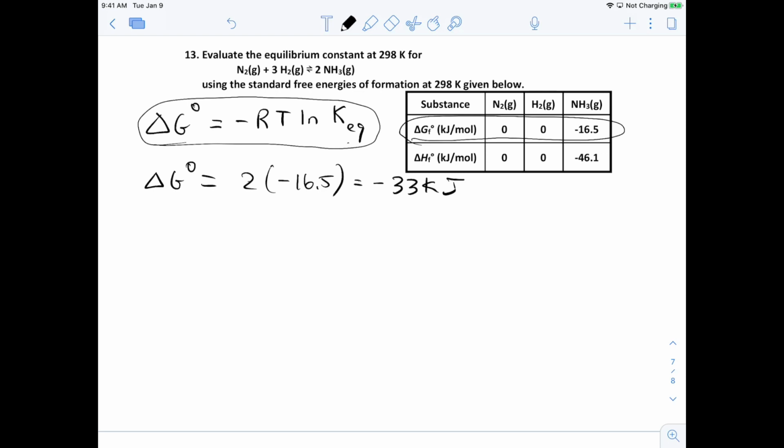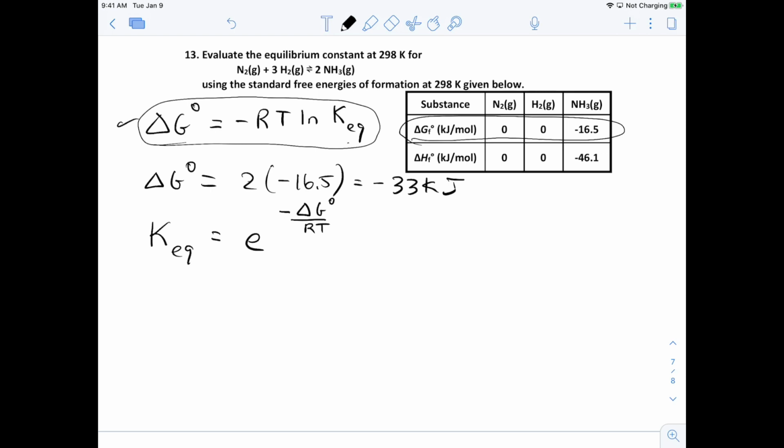We divide both sides by negative RT, and then we take e to both sides. We've done this kind of stuff before. We end up with K equilibrium equals e to the minus delta G0 over RT. We just manipulated the top equation to get the second equation.